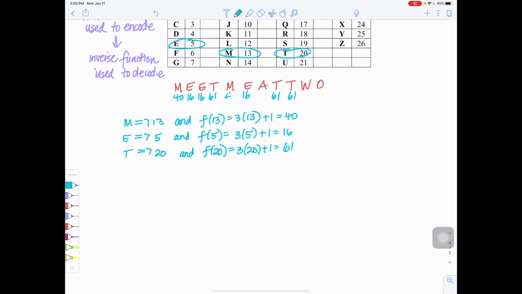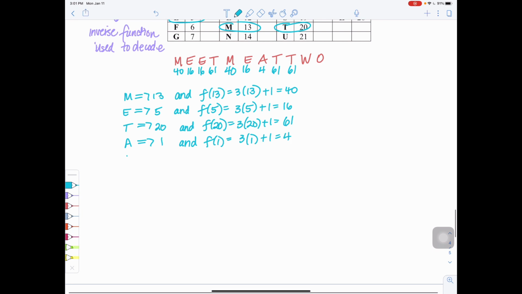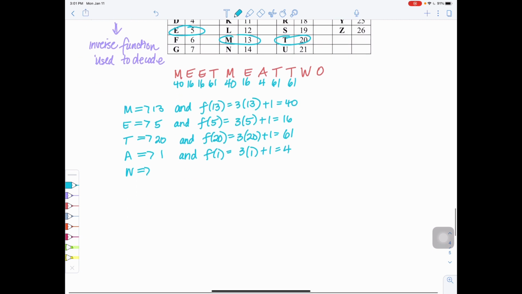I had another 40 here. Now let's look at A. A corresponds to 1, and f of 1, 3 times 1 plus 1, equals 4. And let's take a look at W. It corresponds to 23, and f of 23 is 3 times 23 plus 1, and that's 70.